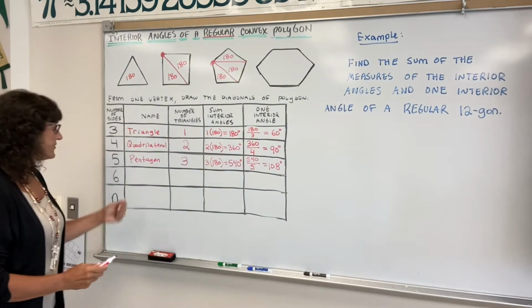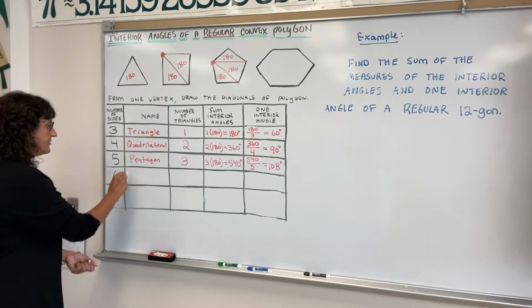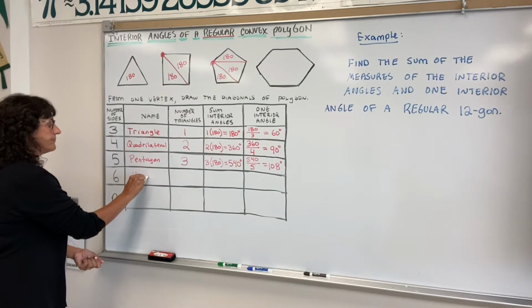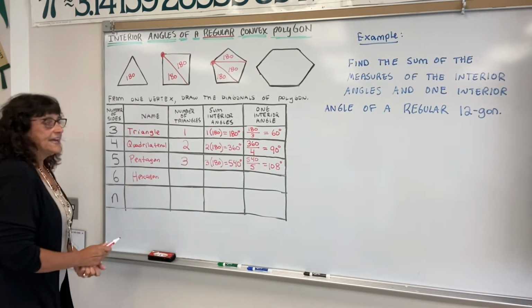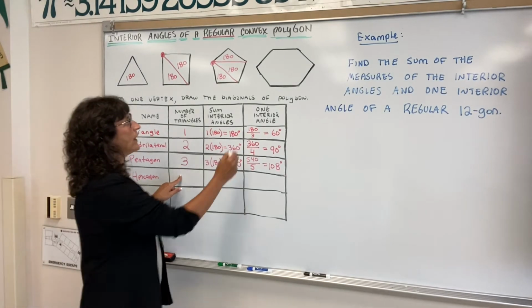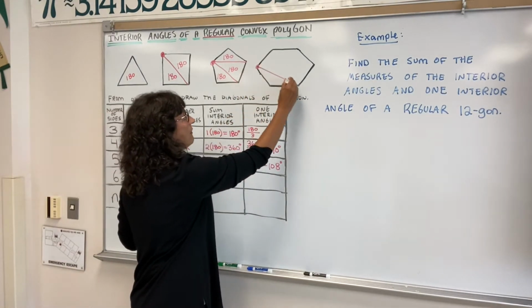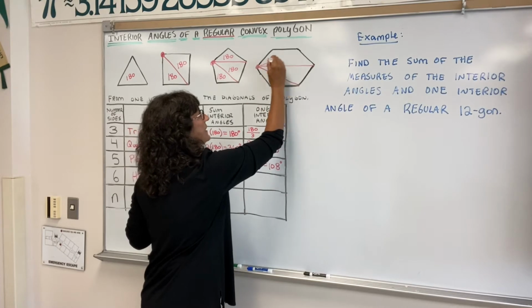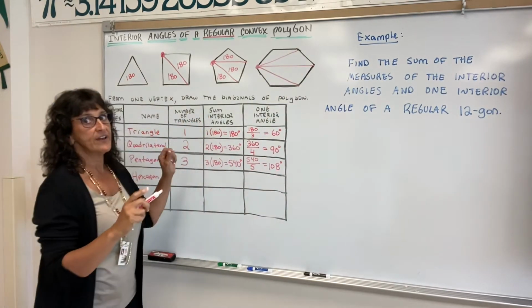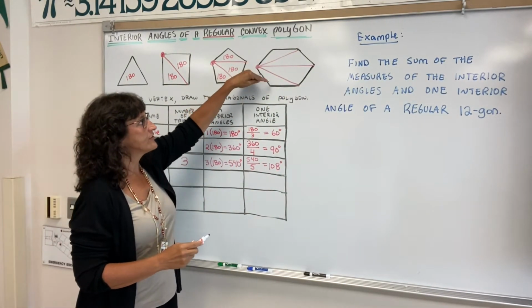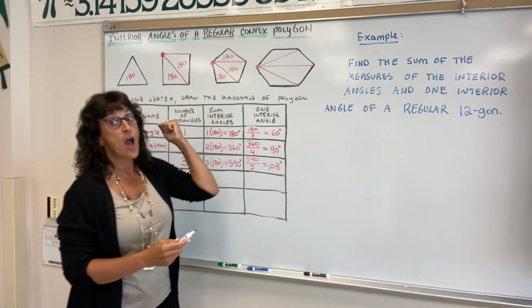All right. What is a polygon called with 6 sides? Okay, we call that a hexagon. How many triangles? Well, from one vertex, let's draw all the diagonals that we can. When you go from one vertex and draw your diagonals, we can break our hexagon into 1, 2, 3, 4 triangles.